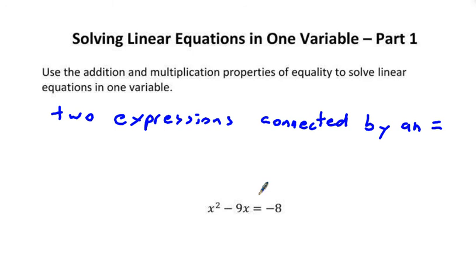An example you'll see below, the expression x squared minus 9x is connected to the expression negative 8 by this equal sign, making this an equation.